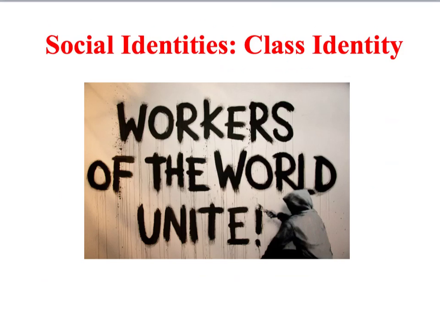Another really important aspect of our social identity studied by sociologists is social class. And social class can be narrowly defined as a group of people who share the same economic status within society. So it's a group of people who share roughly the same standard of living. However, many sociologists would argue that we shouldn't simply see social class as a matter of our economic status, as simply being a matter of the job that we do, our income and our wealth, that class is actually a much wider idea than money and possessions.